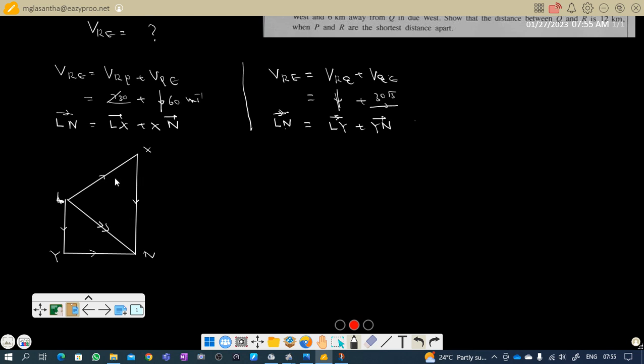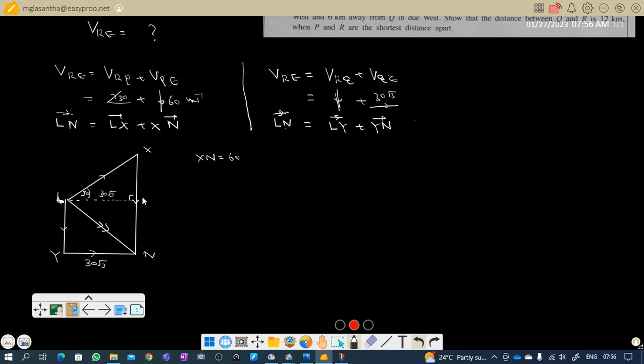The calculation is easy then, right? You can draw a perpendicular here. You know XN is 60, so YN equals 30 root 3. Then this is also 30 root 3, right? Then you know this angle is 30.